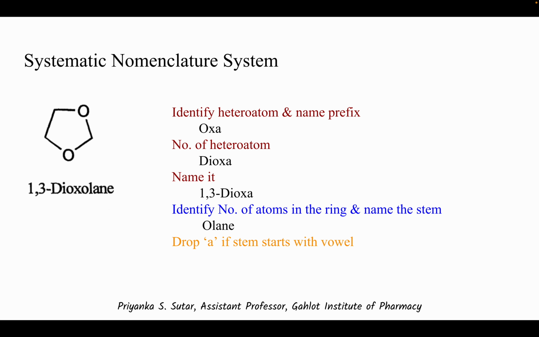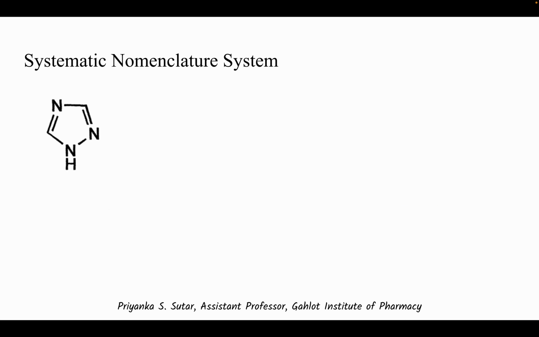Now we will see second compound. Now you have understood how you will go. So take a pen and paper and just write the answer. I will ask you question. You write the answer in your notebook. Now you see the heterocycle on the screen.